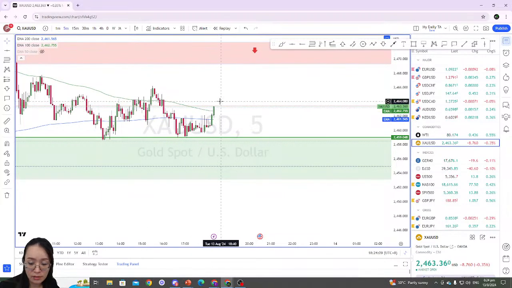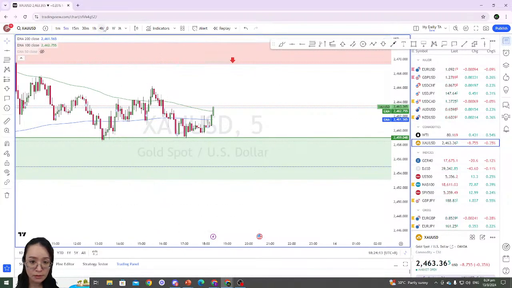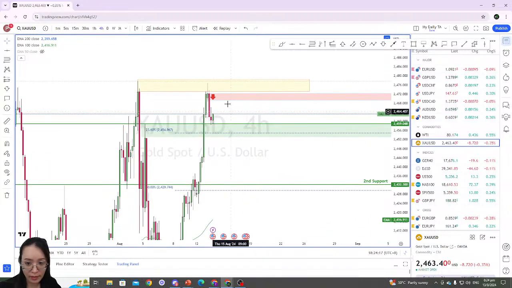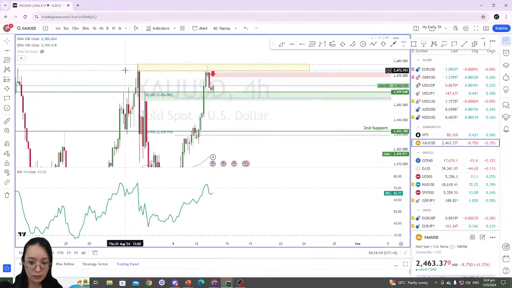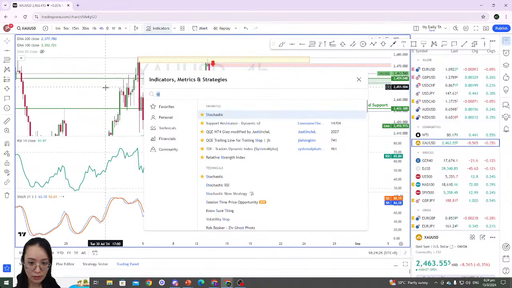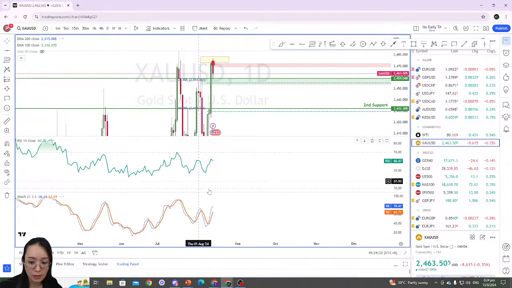It keeps rising, but I want to wait to short here, because based on the H4 time frame, it can still fall more, can drop more. Look at our stochastic. Based on H4 it can still go down more, but it has a bounce up and then continues to fall.